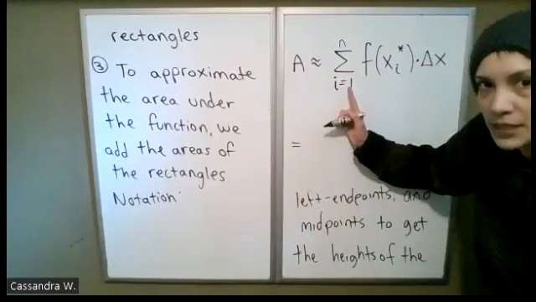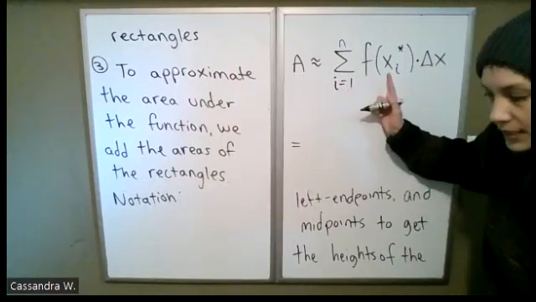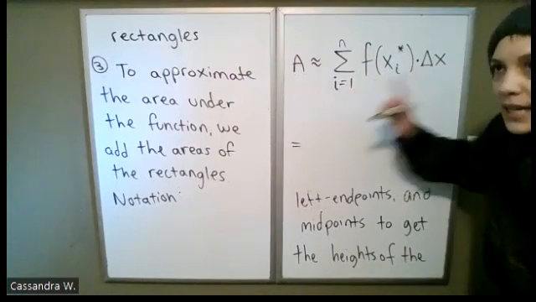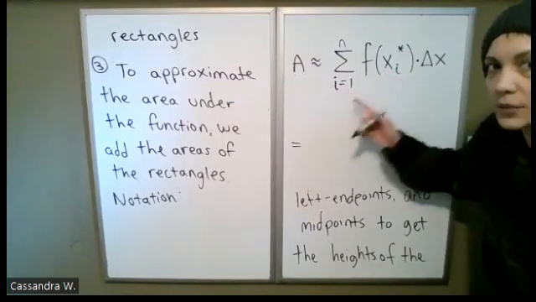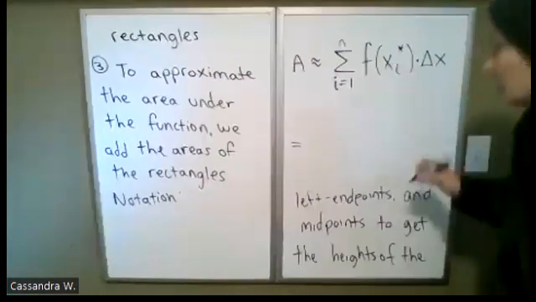Okay, so the summation notation is just to add these values where you put your subscripts in, i equal to 1, then add the next one where i is equal to 2, all the way up till you get to adding the last one where i is equal to n.